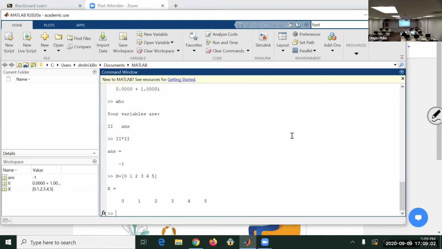Does it work? And so now if you type who, it shows there is one more variable, this capital X. And it looks like an array, right? A list of numbers. What if you type x prime? Just type x prime and tell what you are getting.